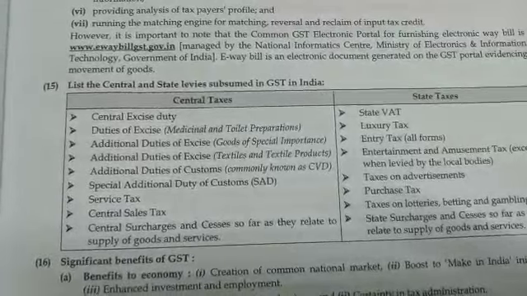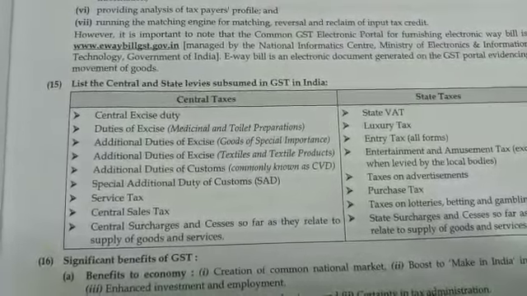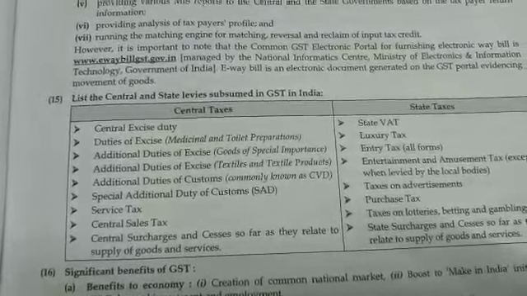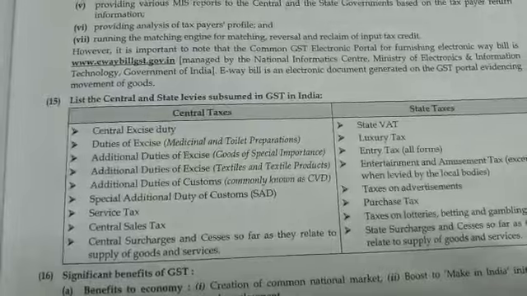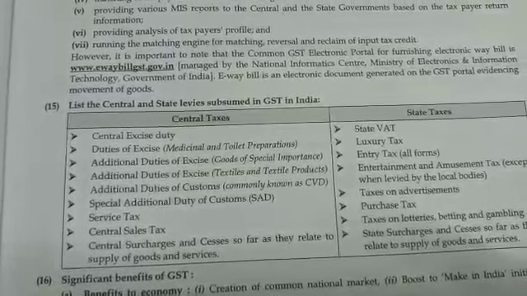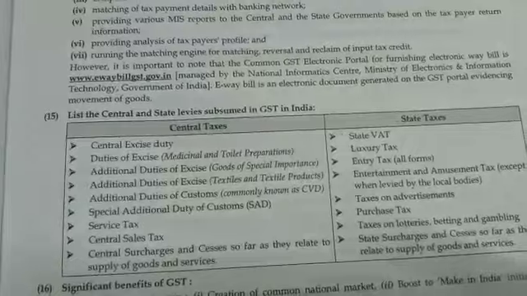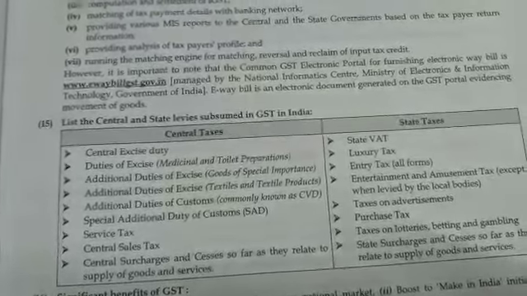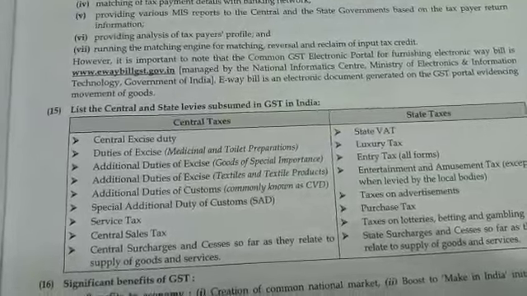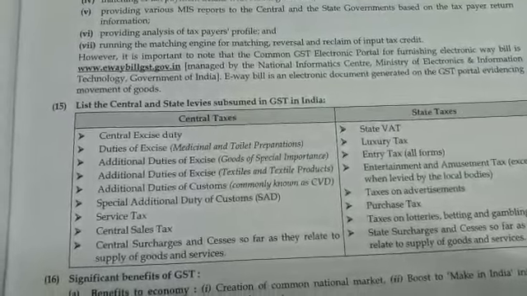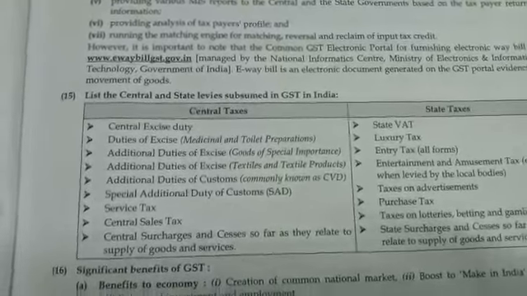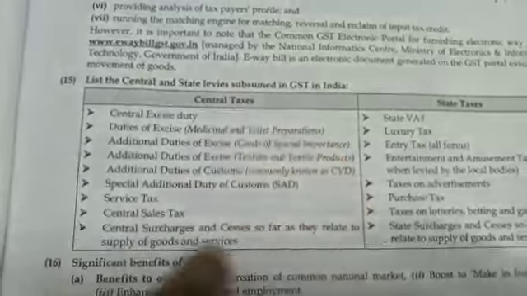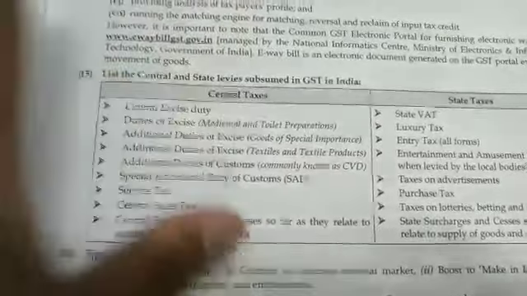Central tax, that means central excise duty, duty of excise, additional duty of excise, additional duties of excise for textile and textile products, additional duty of customs commonly known as countervailing duty, special additional duty of customs known as SAD, service tax, central sales tax, central surcharge and cess, so far as they are related to the supply of goods and services. These are the central taxes which are clubbed under the head of GST.